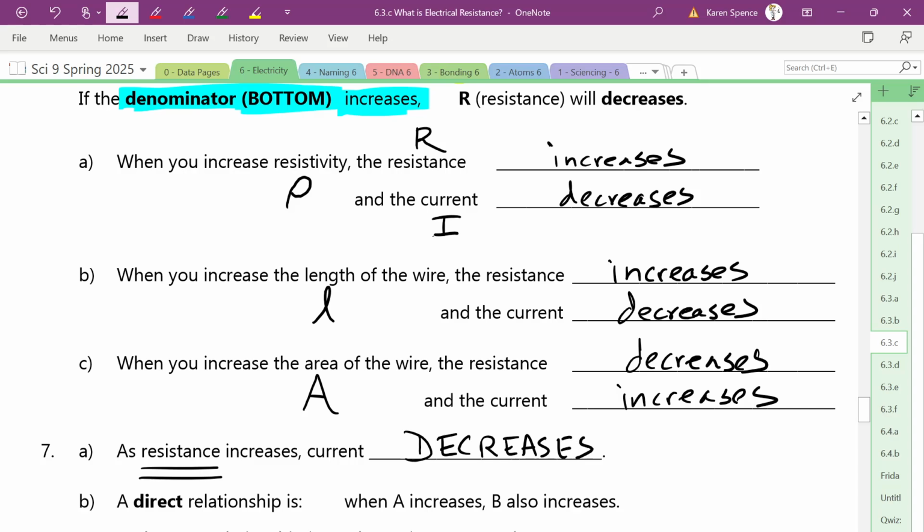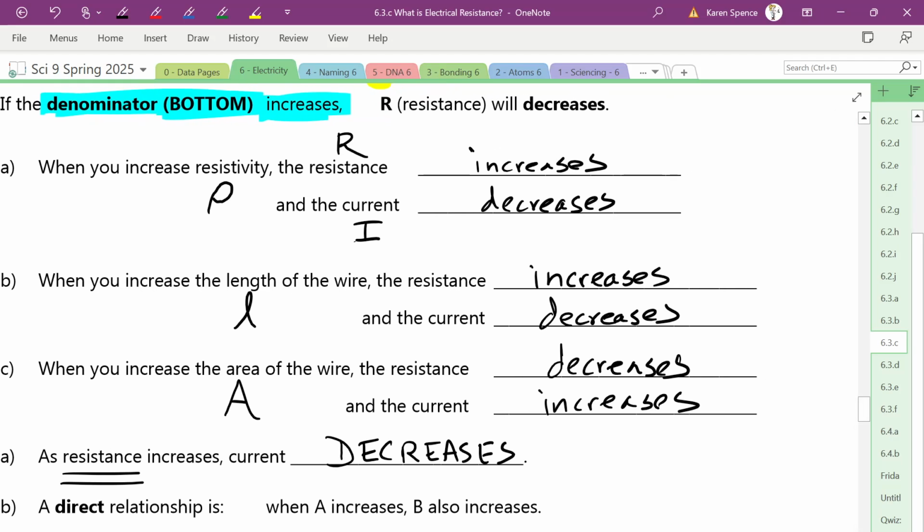So if we wanted to have a formula that related resistance to current, would we have that resistance is proportional to... no, you know what?